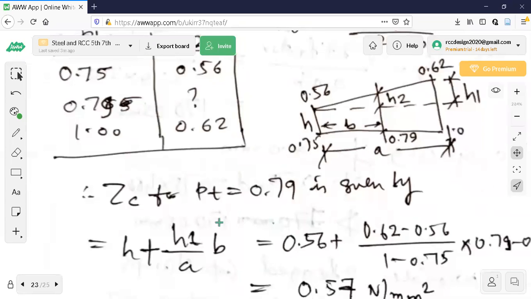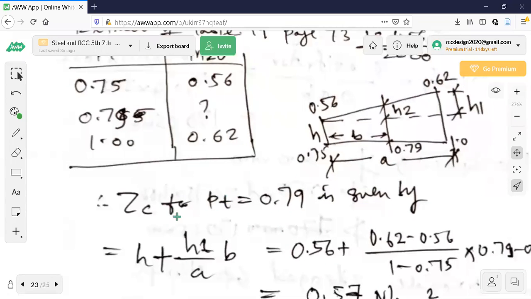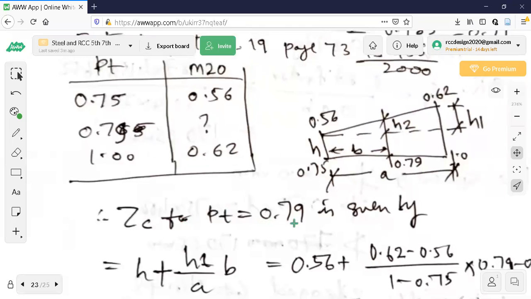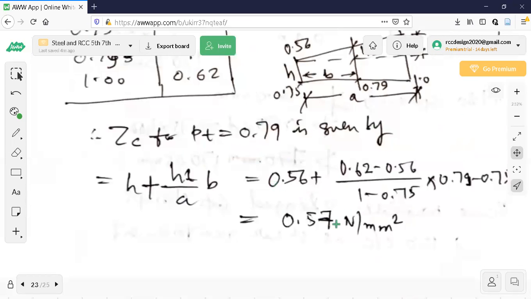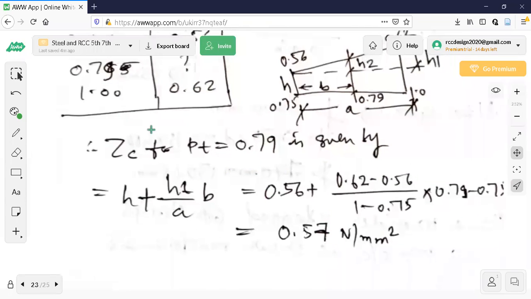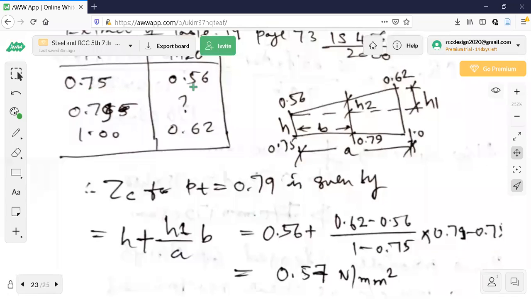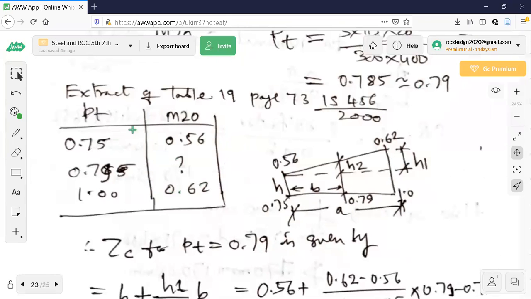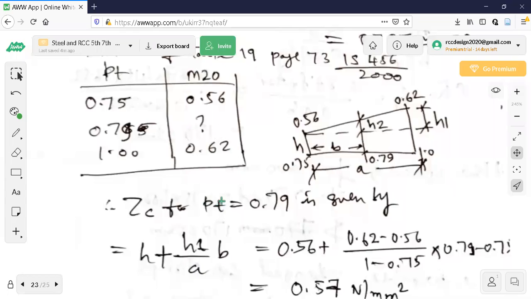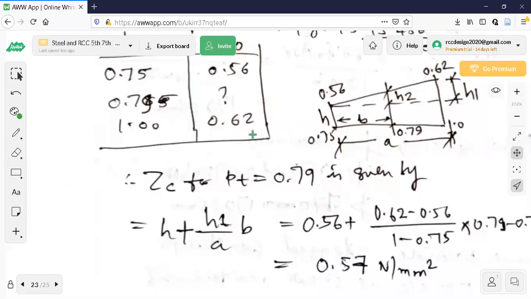After interpolation, tau c for PT of 0.79 is given by complete interpolation I have done here. It is 0.57. So for 0.75, it is 0.56. For 1% of PT, it is 0.62. In this problem, PT value was 0.79. Corresponding to 0.79, after interpolation, the value of tau c is 0.57.